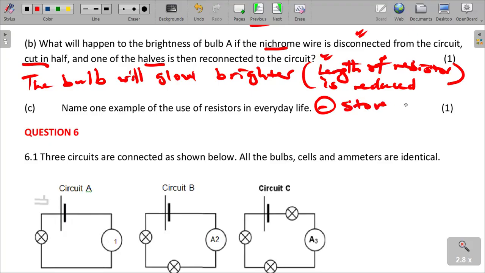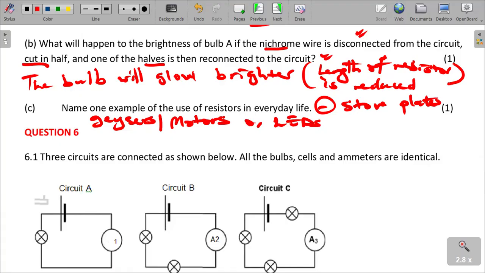We can also talk about them in motors, and also in LEDs, which are called light emitting diodes. That is also one thing that we need to know.